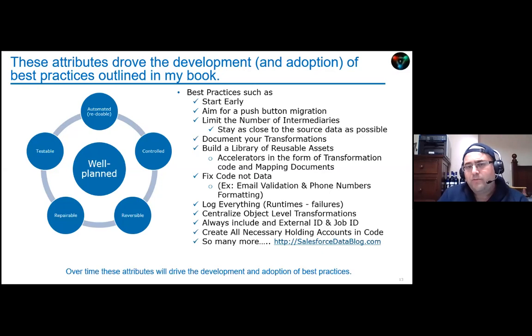So that's one of the best practices that you learn. And you can easily tie that back to a couple of the attributes, one, obviously automation, right? I'm not fixing data because that will never end. I'm fixing the code that's moving the data, right? Again, it fits back to repairability because all I have to do is fix my transformation layer, rerun the code, and then it will fix the damaged data.